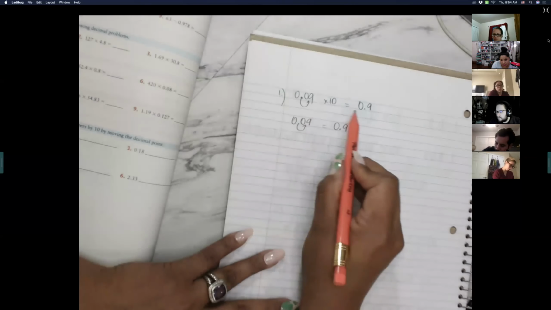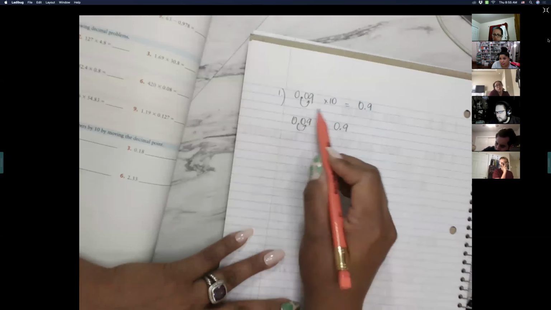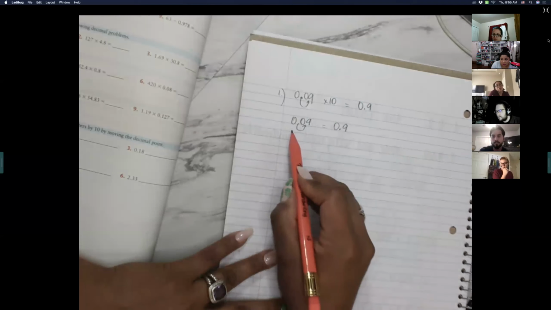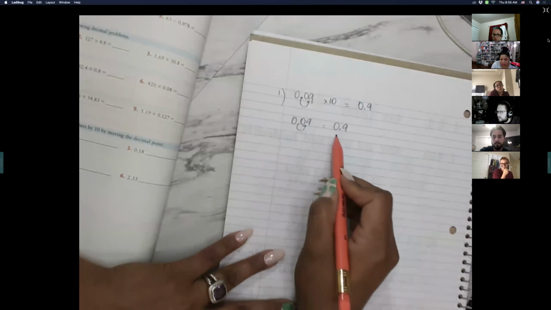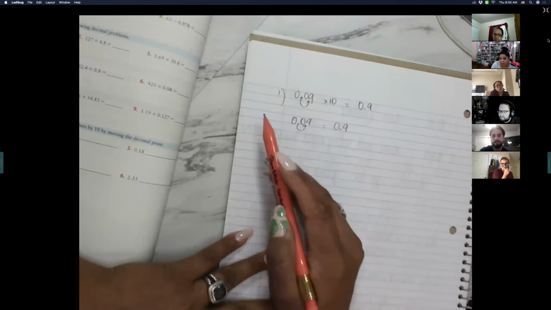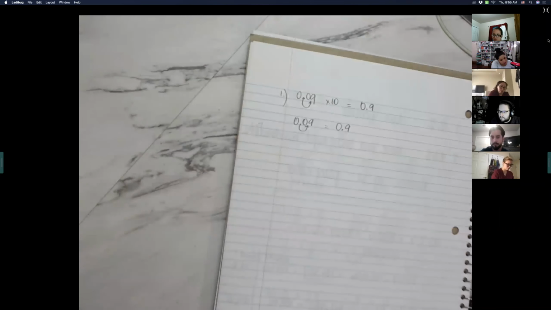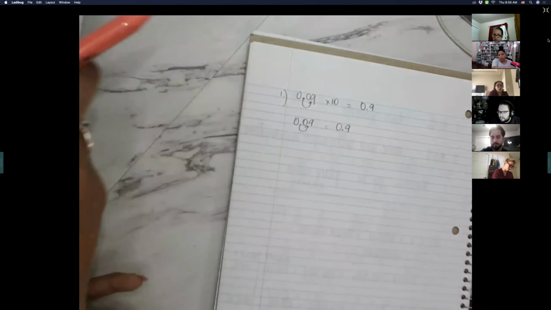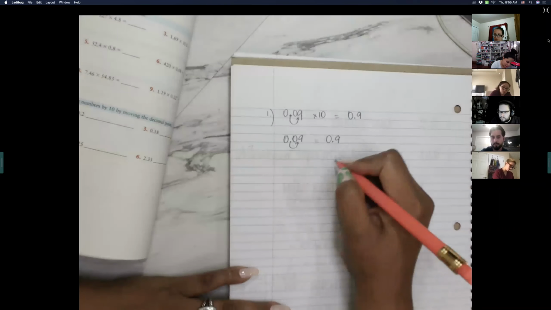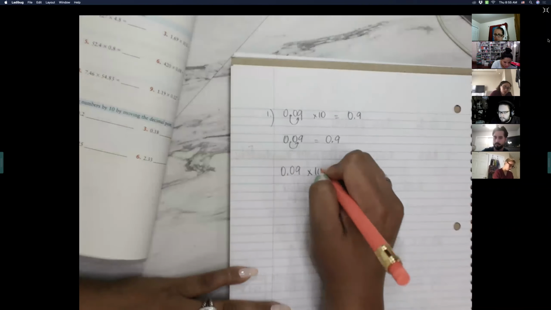So if putting this in the calculator is fastest, easiest, makes the most sense to you, do that. If simply shifting your decimal place, following how many zeros you have, is what makes sense for you, do it. Okay? So I'm going to give you, this isn't specifically from the book right now, but it's going to matter later. So let's say I had 0.09 times 100.